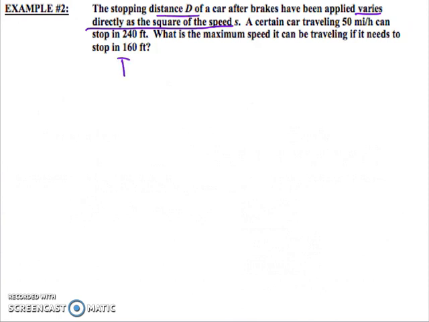So that means our equation is going to look like distance is equal to some constant k times our speed squared, the square of the speed, not the square root, the square, so we're squaring it. And again, if we wanted to solve that for k, then k would be equal to d divided by s squared. So it says a certain car traveling 50 miles per hour can stop in 240 feet.